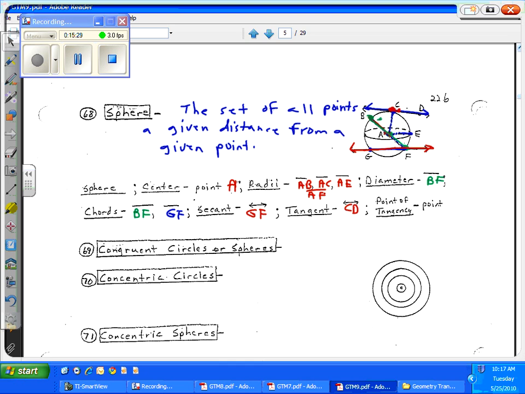And so we can say that line CD is a tangent to sphere A, where point C is the point of tangency. Okay?